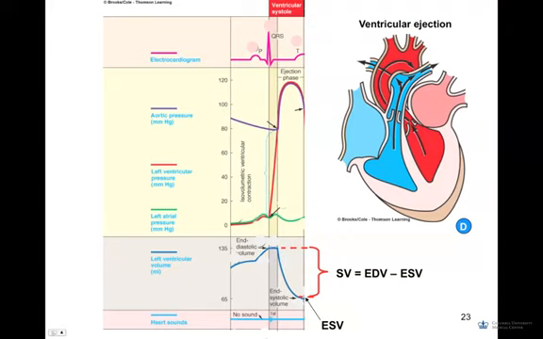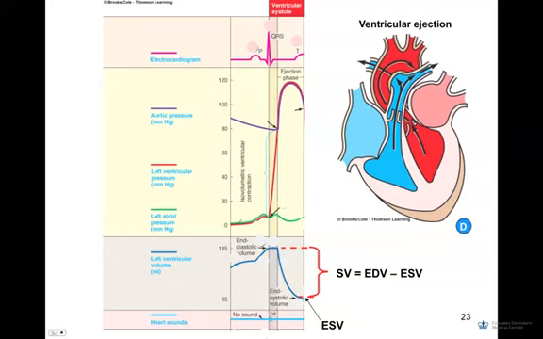The aorta is getting this very rapid and large bolus of blood. It expands that artery wall, and it causes aortic pressure to rise as well. But if you notice the red line throughout that ejection phase, the red line is above that purple line. The pressure in the ventricle is higher than the pressure in the aorta.